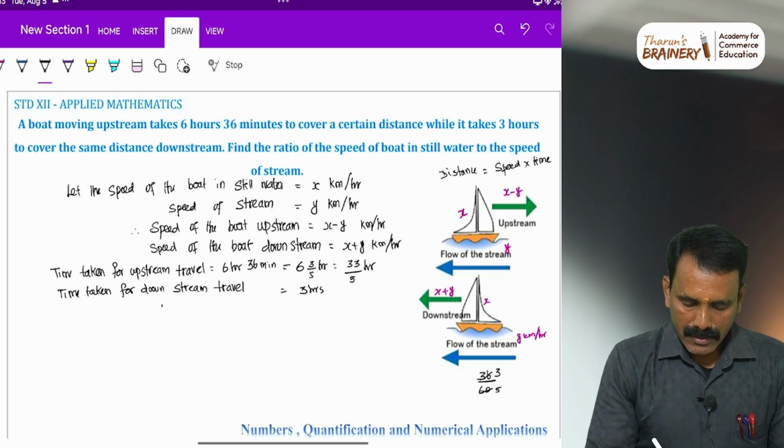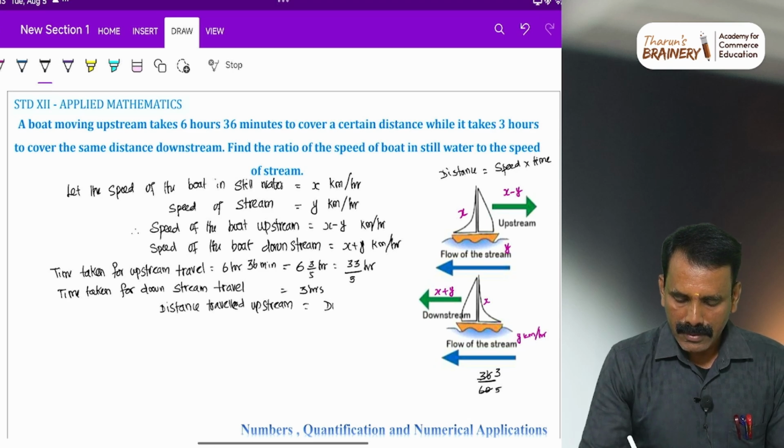So distance traveled for upstream is equal to distance traveled downstream.